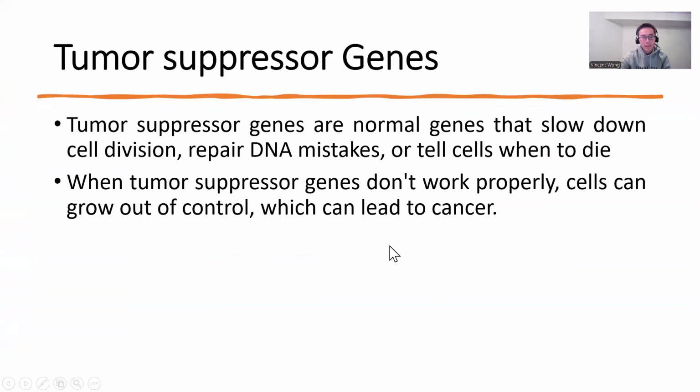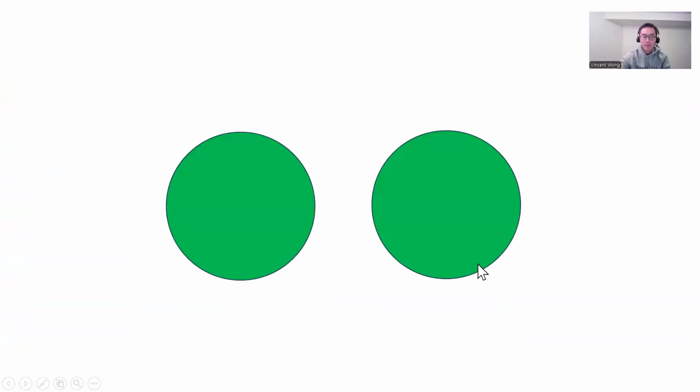All right, so let's have some visual aids here. You don't have to copy anything, just try to listen to what I have to say. So here we have two green lights, because we have two copies of the proto-oncogenes. Proto-oncogenes are the normal ones. They are going to make normal functioning green lights, and this is how normal growth factor works.